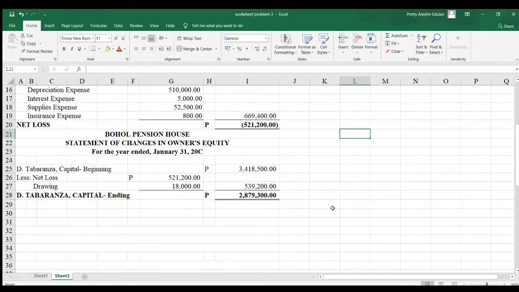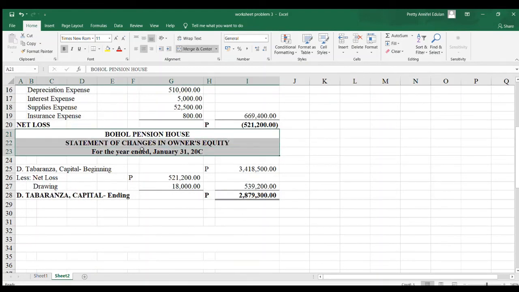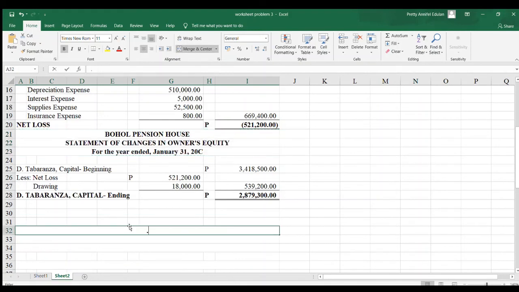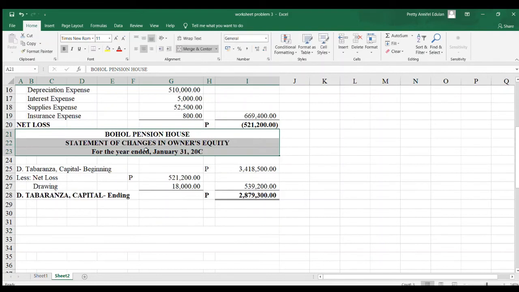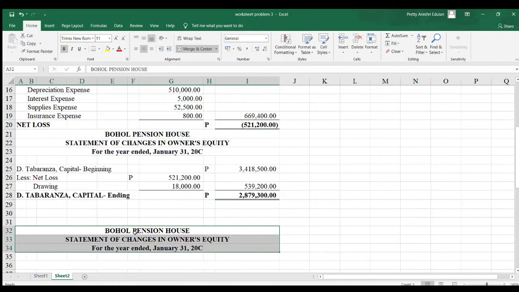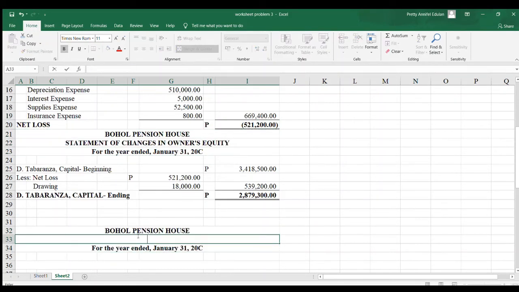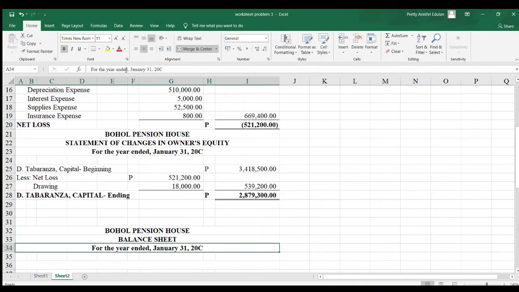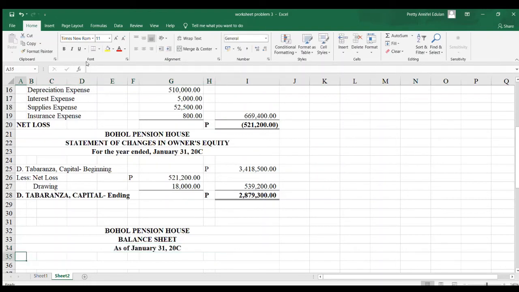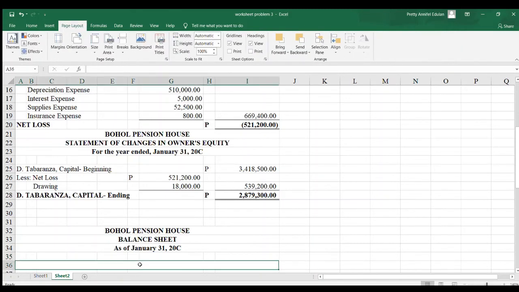So next would be the balance sheet. Then we'll start with assets.